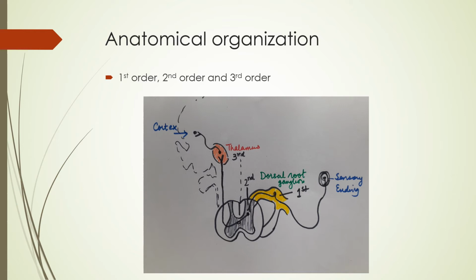Later on, this information goes to a certain area of the cerebral cortex through the white matter of the brain. We'll discuss the tracts and their neurons one by one in different tracts. So this is how the neurons are arranged, first order, second order, and third order, which is important to understand before we go into the detail of the ascending tracts.